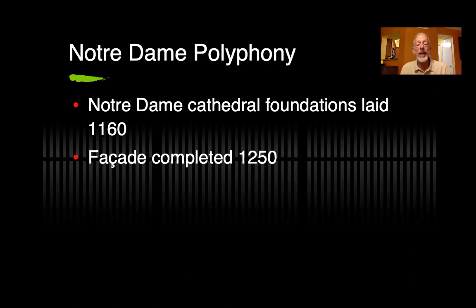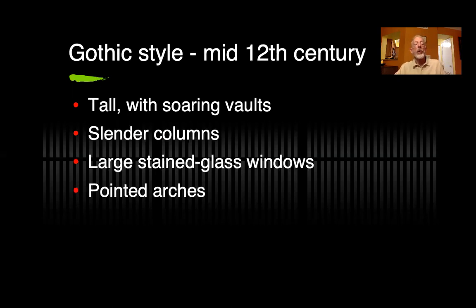It was started in 1160 AD, and it took almost 100 years to build. They finally completed the facade, which is the entrance side, what you see looking at the front of it, in the year 1250.